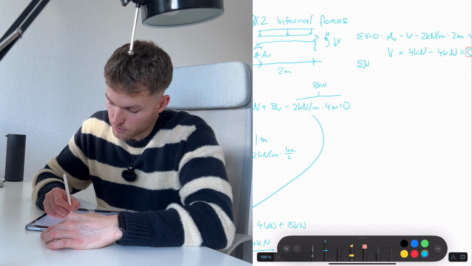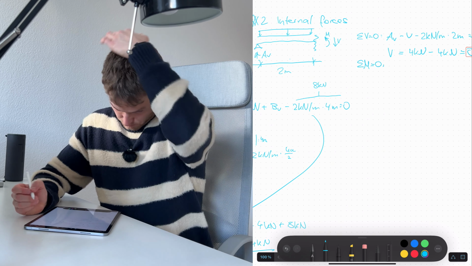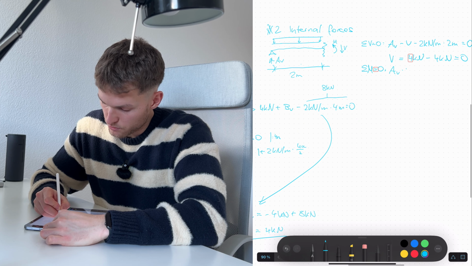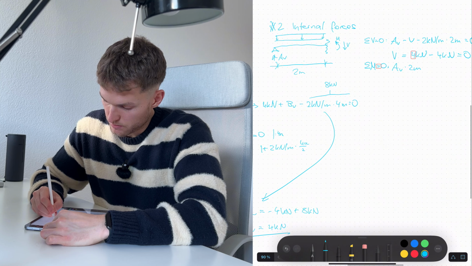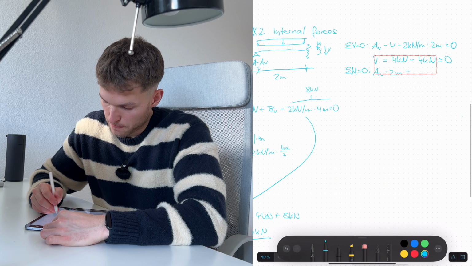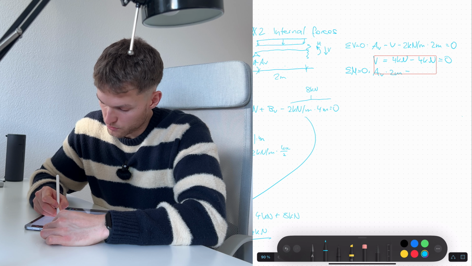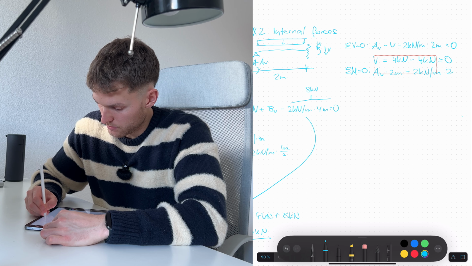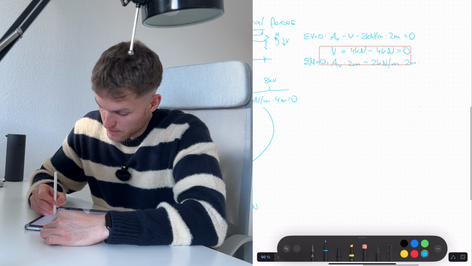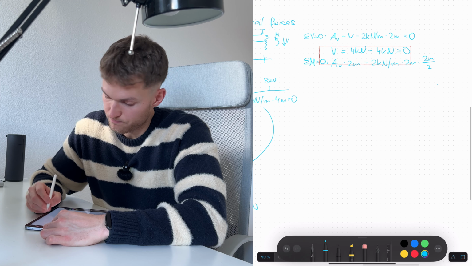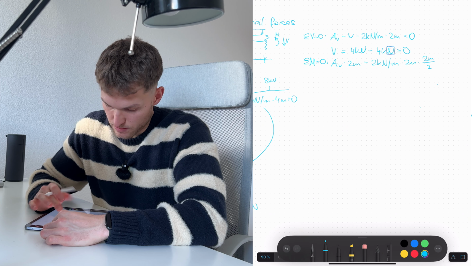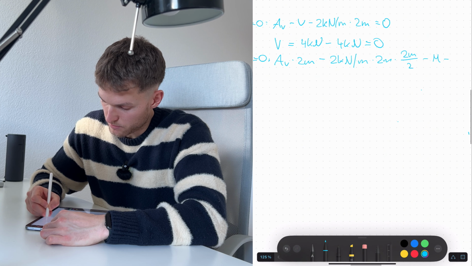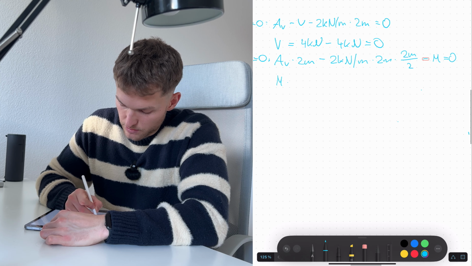And then moment equilibrium equals AV times 2 meter minus 2 kilonewton per meter times 2 meter times half the distance, which is 2 meter divided by 2, and then minus moment equals 0. Now let's solve that for the moment.